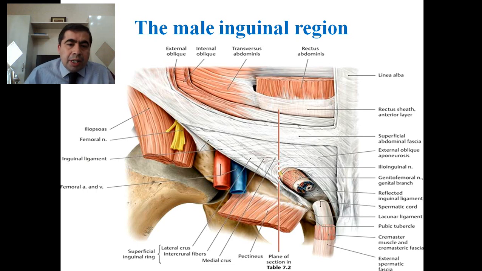testes and ovaries are, developmentally, organs of the abdominal cavity, but the testes pass through the inguinal canal to the scrotum, and the ovaries also descend, but they don't leave the pelvic cavity.